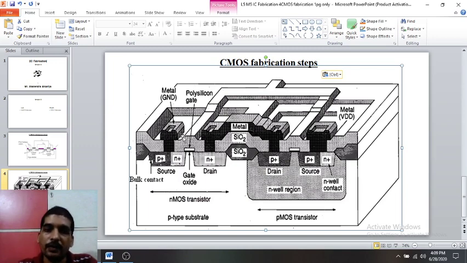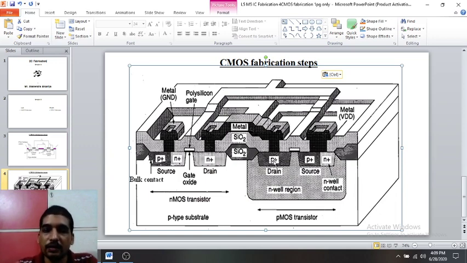for connection. Here you can see this is the thin oxide, gate oxide, onto which polysilicon is there, and this polysilicon gate is extended further, and this gate is connected to this gate, right? You can see here that this drain metal is poured through this contact cut, and this drain metal is poured through the contact cut, and these metal lines are meshed together to form this connection of the drain of PMOS to the drain of NMOS.